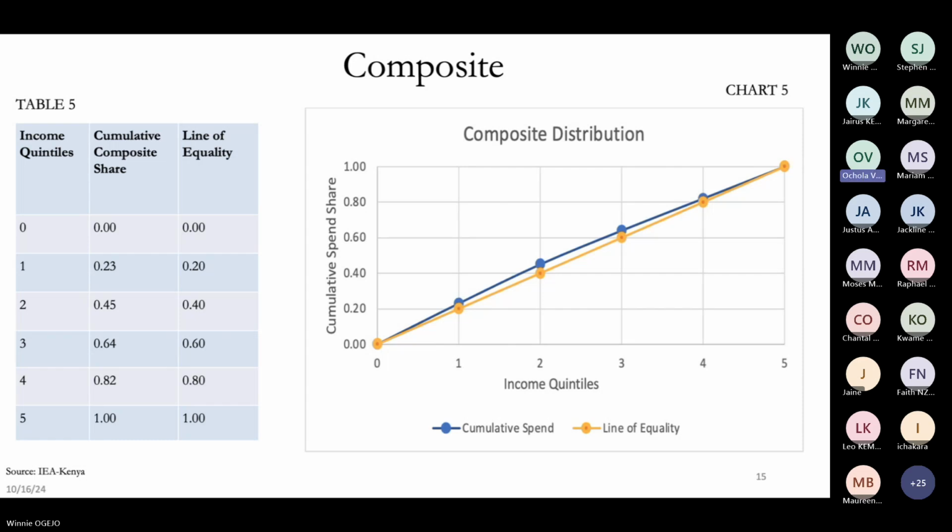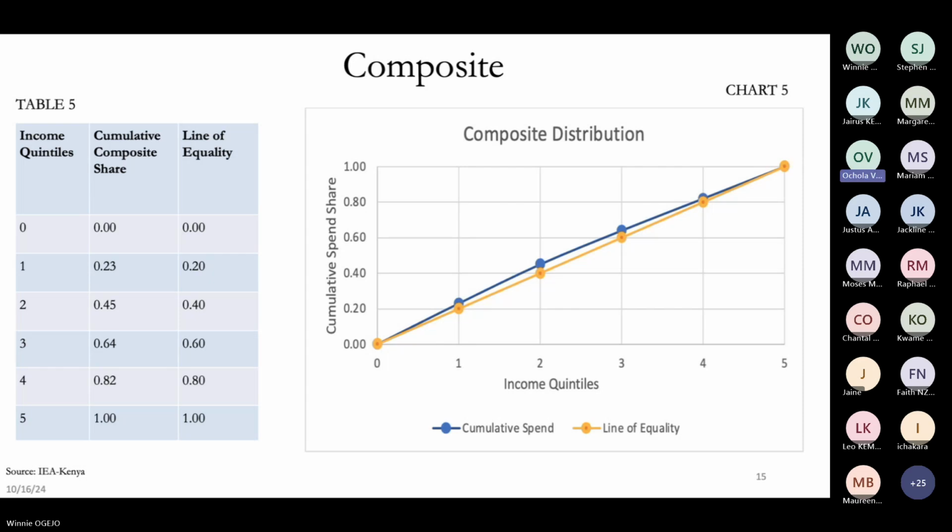From the chart, we have the y-axis representing the cumulative spend share and the x-axis representing the income quintile. So you'll be able to understand what the blue line means and what the orange line means. In this simulation, we divided the income groups into 5 equal clusters or income quintiles.